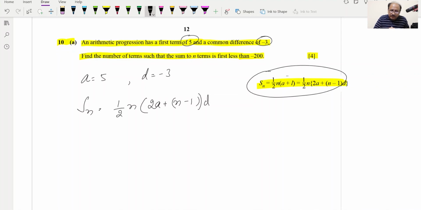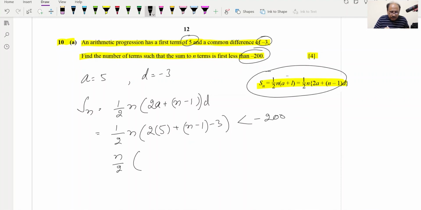Replacing values: 1 by 2 n into 2a, where the value is 5, plus n minus 1 into d, which is minus 3 over here, and this should be less than minus 200. This is what is mentioned in the question. So n by 2 into 10, and then we multiply with minus 3, so minus 3n plus 3, and this will be less than minus 200.